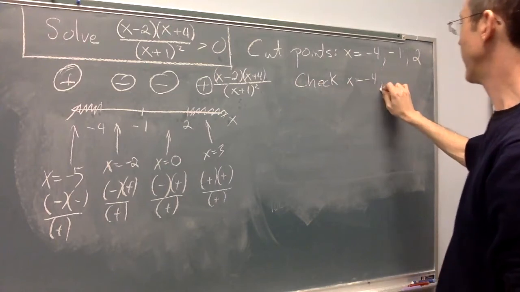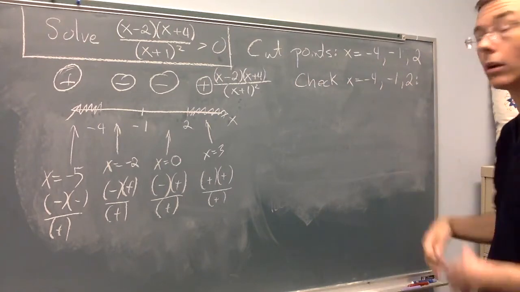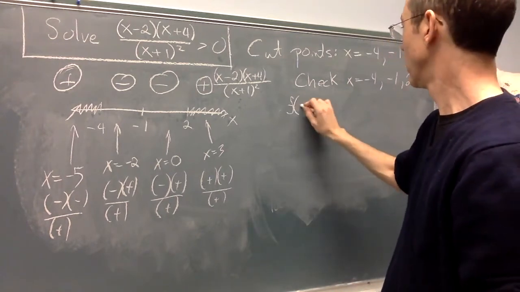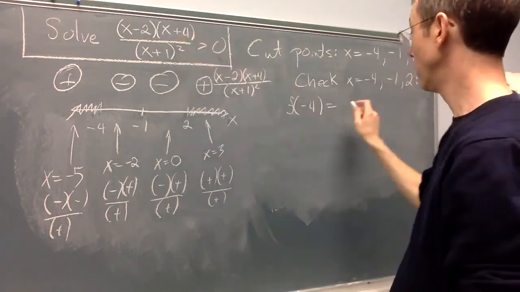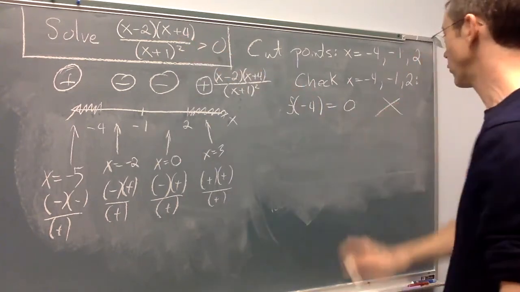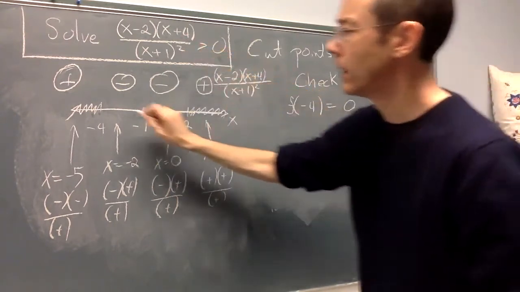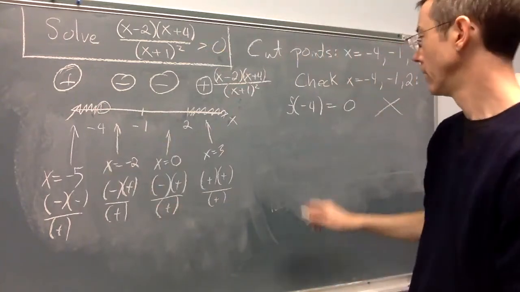We have to think about x equals -4, -1, and 2 by plugging them into the original function. So f of -4, when I plug it in, I get 0. So that's not true. That when x is -4, this inequality is not true. Let's indicate that by putting an open circle here at the value.